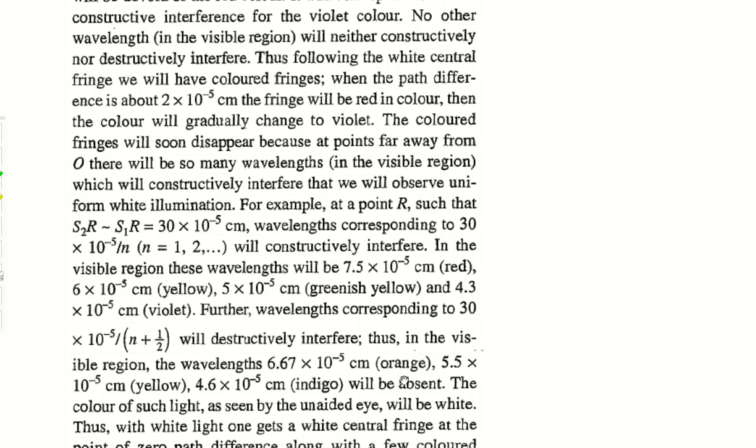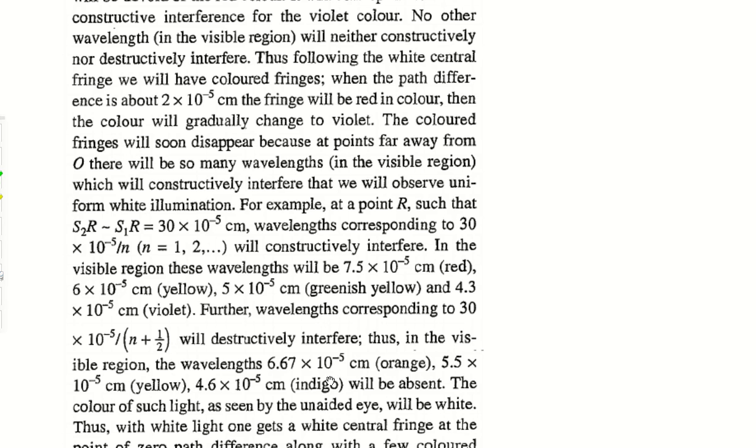So the fourth order dark fringe of orange will be there, because this wavelength falls into the orange category, so orange will satisfy a minimum there at the same point R, and yellow will form a destructive interference of different order at that point, or indigo.